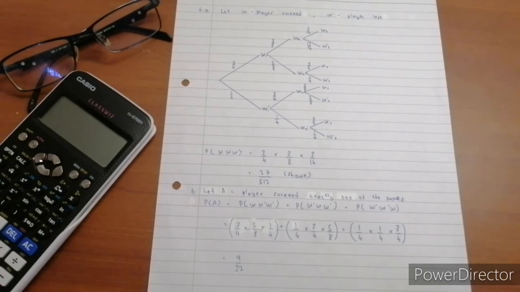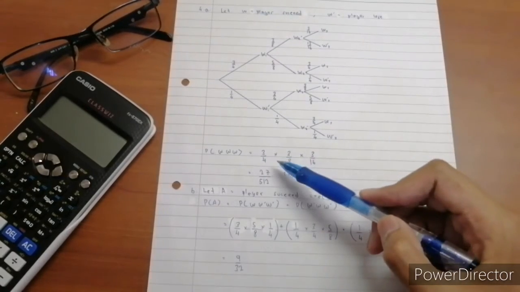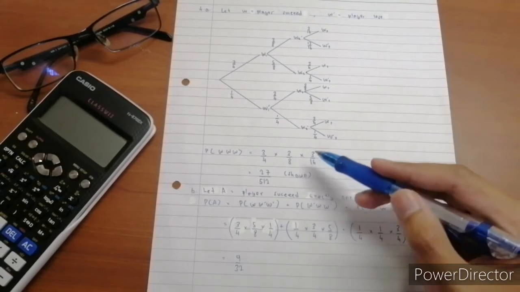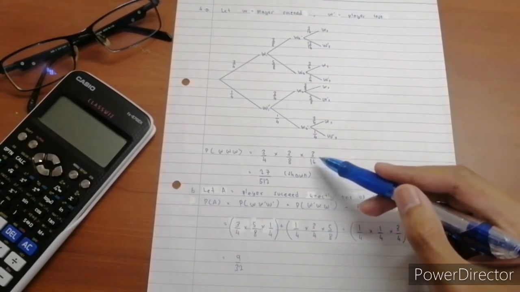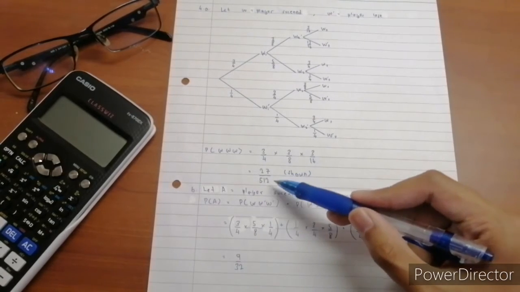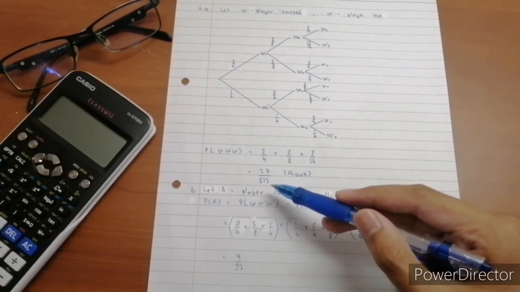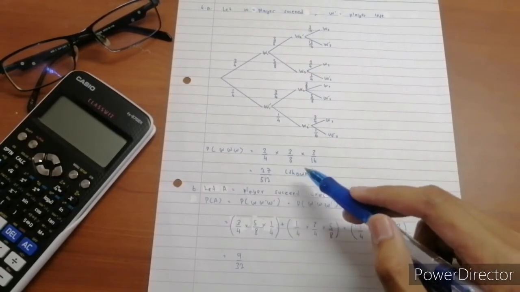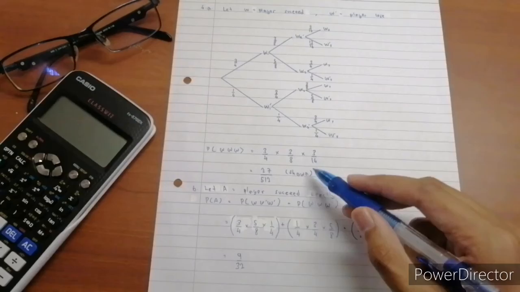To get this value, we need to multiply 3/4 times 3/8 times 3/16, which represent the probability of the player succeeding in each game. Then we get the value 27/512. The answer is shown.